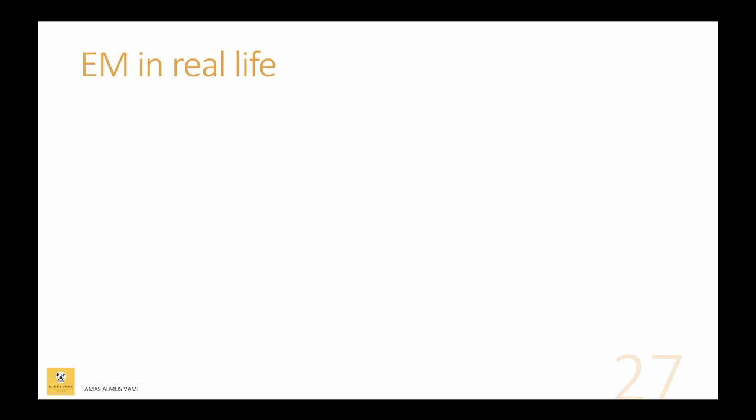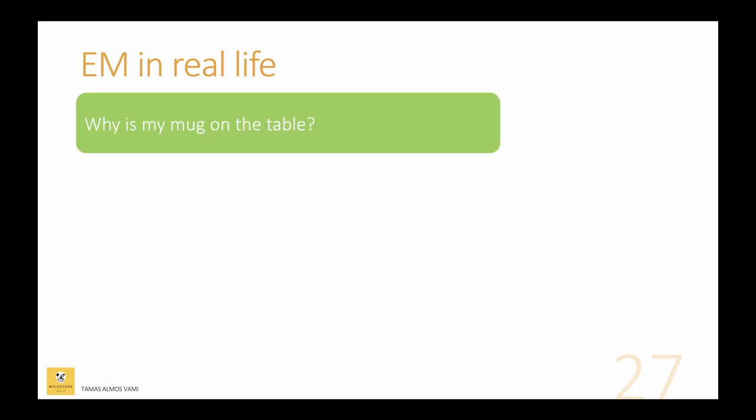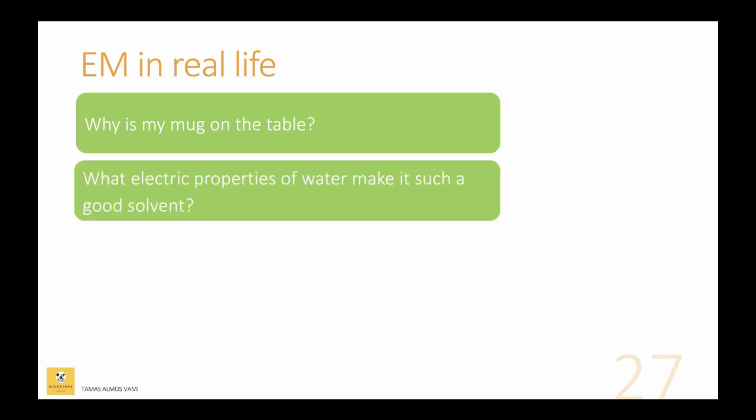Let's go into a bit what electromagnetism means in real life. Think about this question of why my mug is on the table, right? Why is the mug not falling through the table? It has to do with the forces, right? Or what is the reason why water is such a good solvent? That actually has to do with the dipole system of the water.